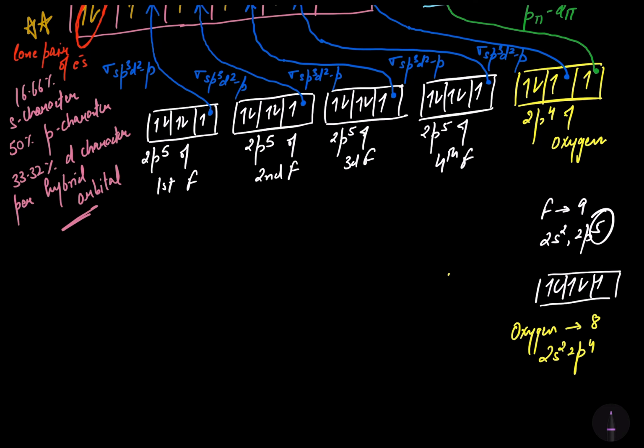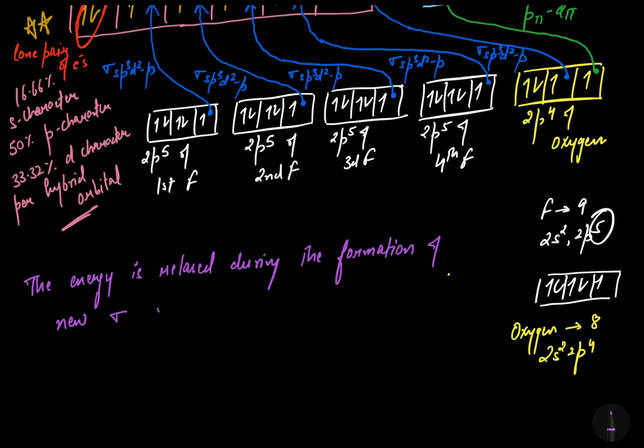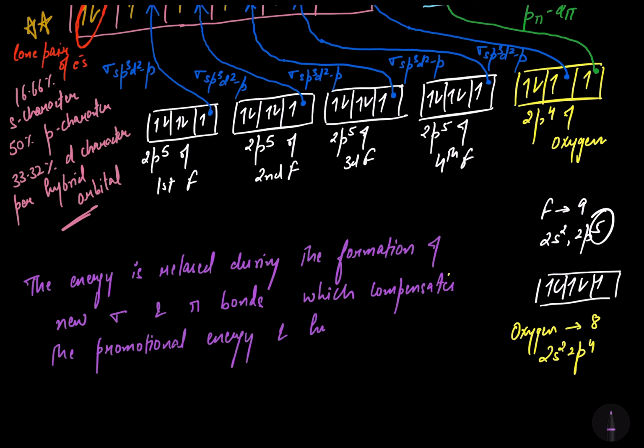So I am writing, the energy is released during the formation of new sigma and pi bonds, which compensates the promotional energy and hybridization energy.